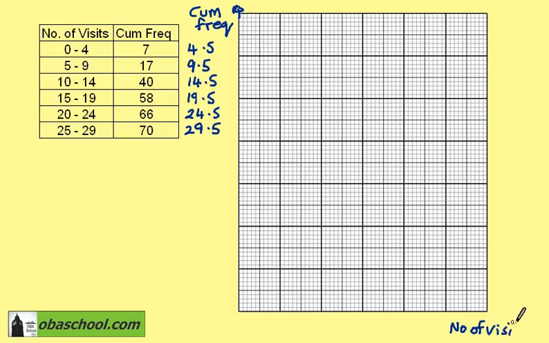When we label the axes, despite the fact that the end points are at things like 4.5 and 9.5, we still label the axes in a sensible way. So therefore this will be 5, 10, 15, 20, 25 and 30. Clearly on this scale, 4.5 would be 1 square before 5.